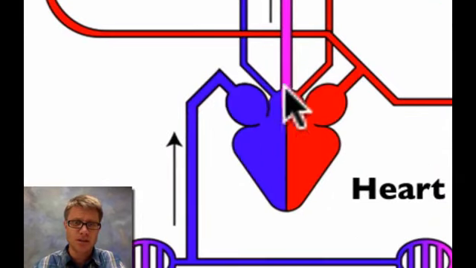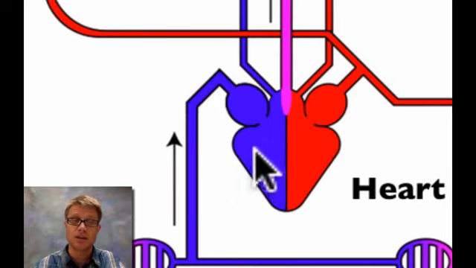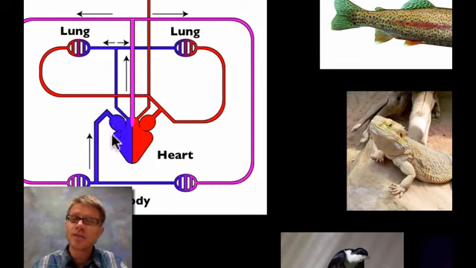But one thing that's interesting is that instead of just having red and blue blood, now we have this purple blood. What does that mean? We're getting a mixing of the blood. In other words, we're having a mixing of the oxygenated blood in the red and the deoxygenated blood in the blue. And that's because we only have three chambers in the heart.